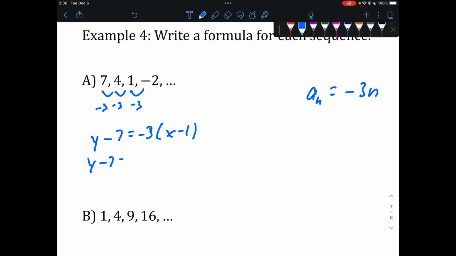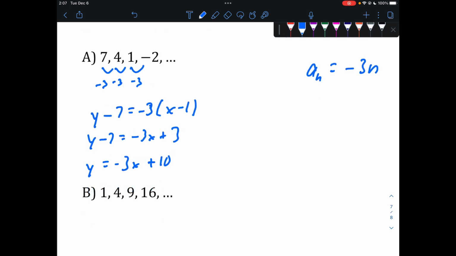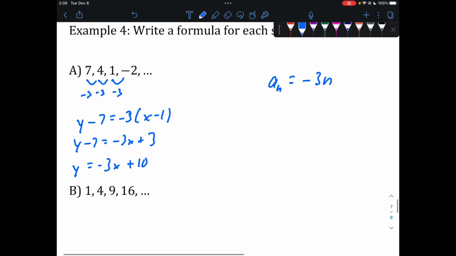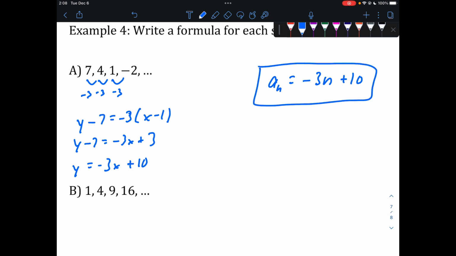And y minus 7 equals -3x plus 3, y equals -3x plus 10. Okay, so -3x plus 10 would be our line, so then our sequence here would be -3n plus 10. That would be what we call our explicit formula. We'll talk much more about this as we go. It's our explicit formula, or our general formula, or our nth term formula.